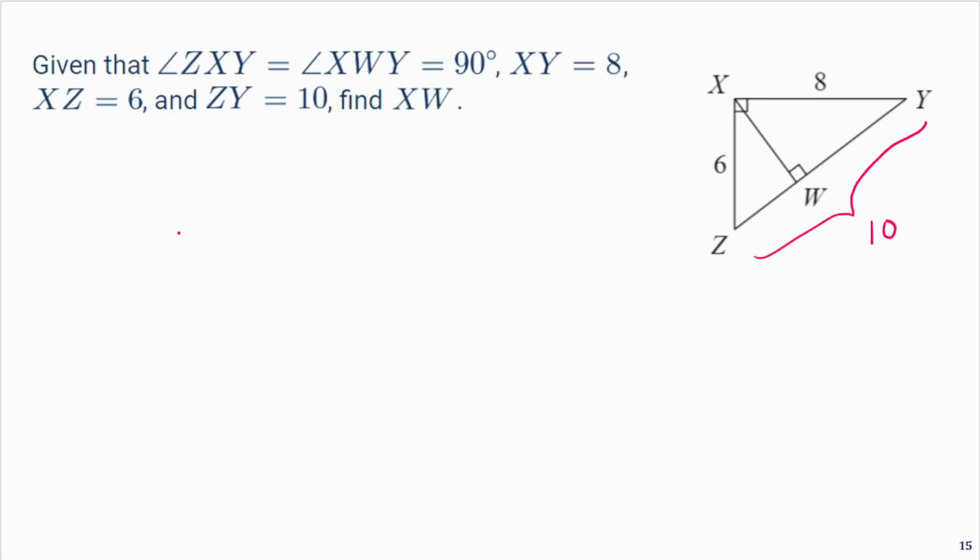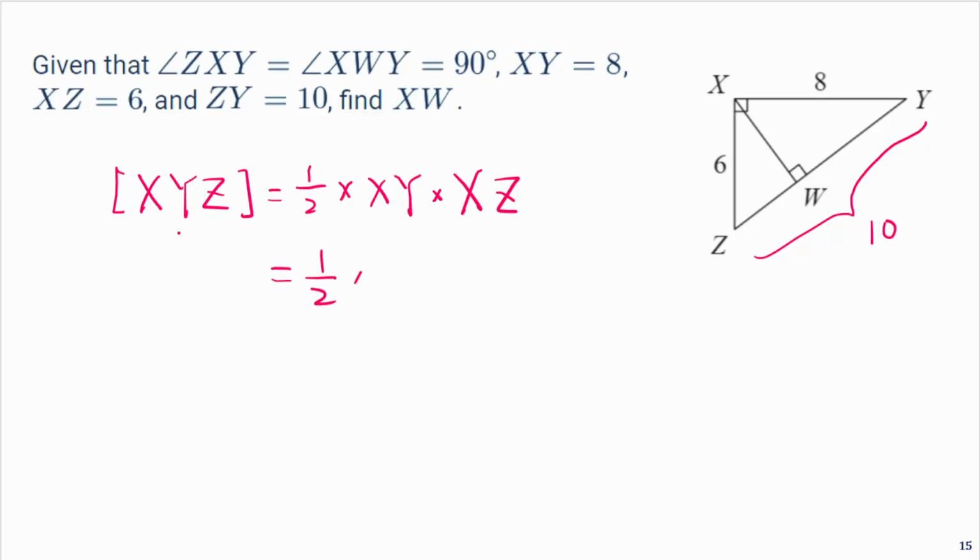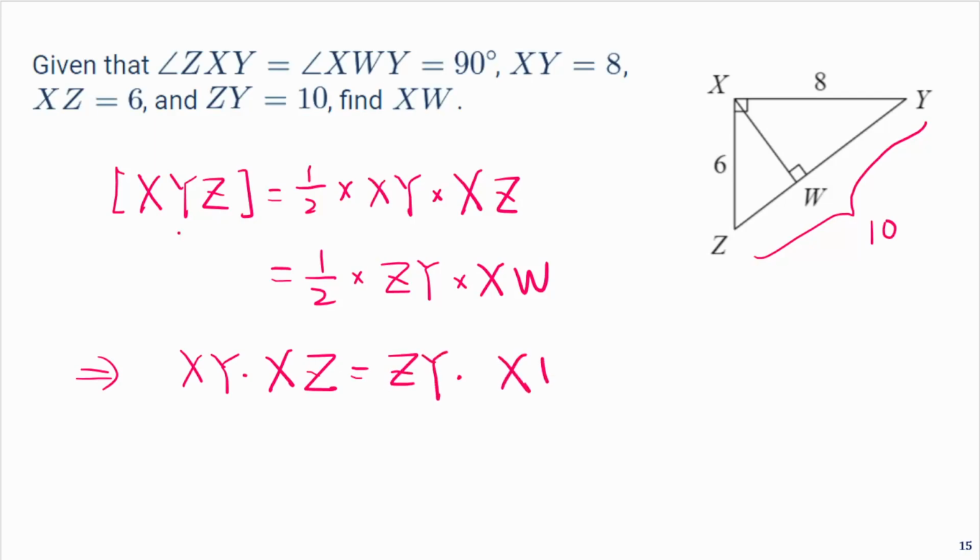So we can actually use the area of that triangle as a handle. So we know the area of triangle XYZ can be calculated by half of XY and XZ. It can also be calculated by 1/2 of base ZY times XW. Therefore, we have XY times XZ equals ZY times XW.